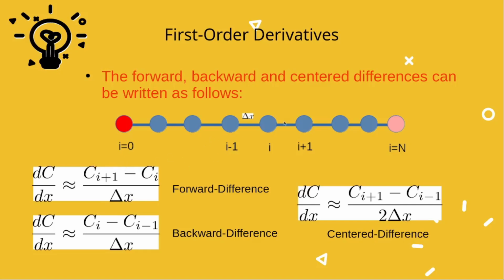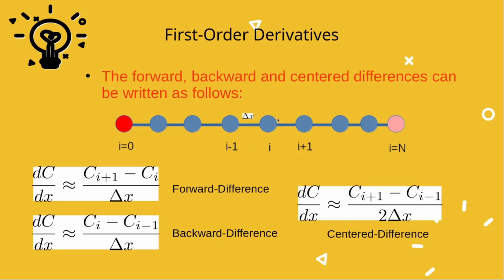And in the forward difference, we are going to take the value here, subtract the value at I, and then divide it by delta x. Similarly, in the backward difference, we are going to take C of I and subtract this value, C of I minus 1, and divide that by delta x. So forward difference means C of I plus 1 minus C of I divided by delta x.